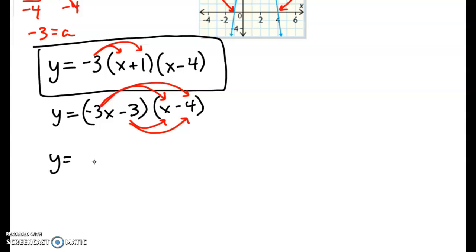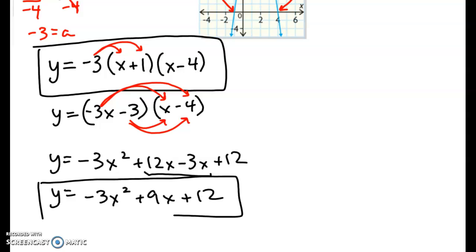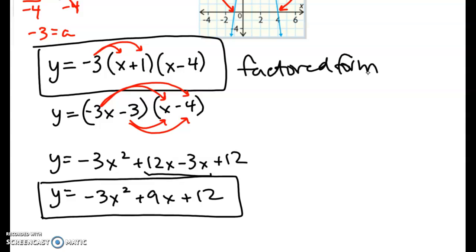So y is equal to negative 3x squared plus 12x minus 3x plus 12. And if I group the like terms, these are the two terms that are like. They both have an x. Then I will result with plus 9x plus 12. There we go. Here is our answer in standard form. So again, factored form was there, and here's standard form.